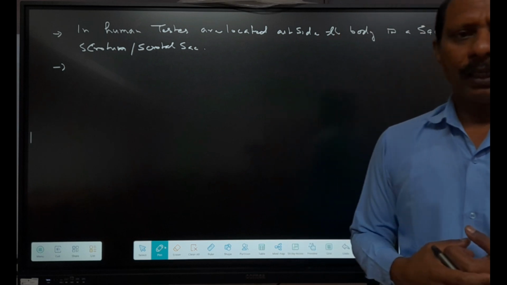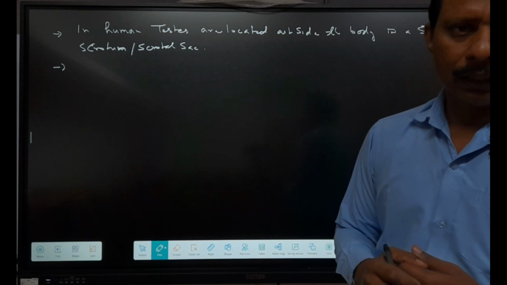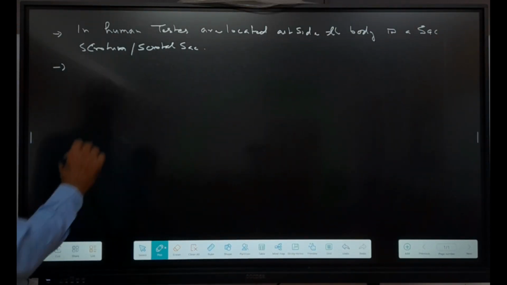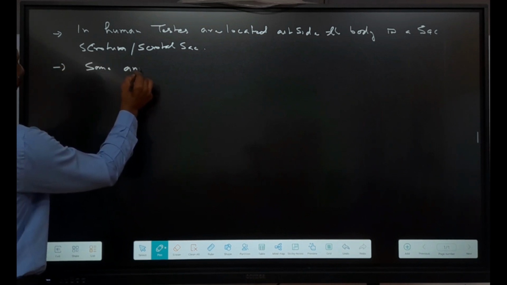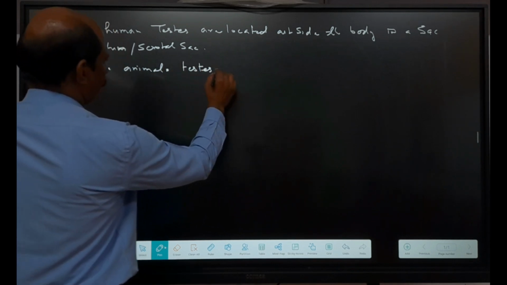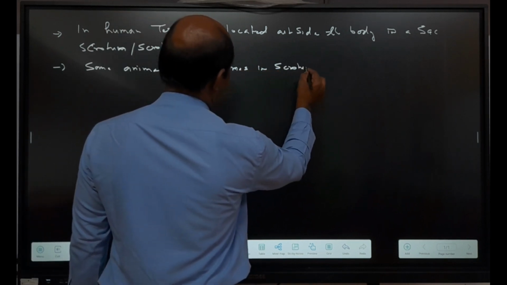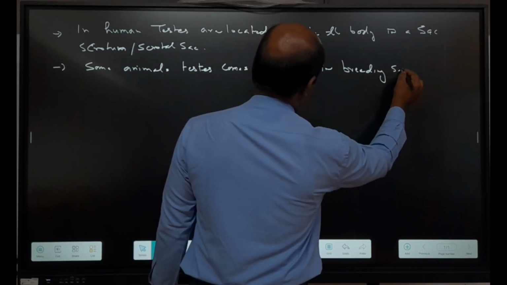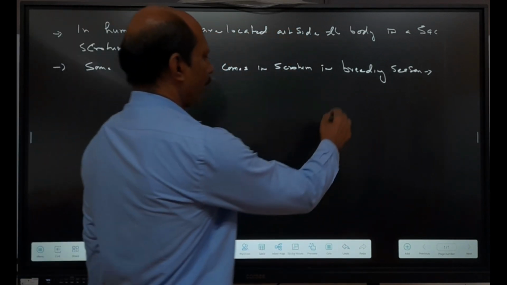Some animals are also there in which the testis comes into the scrotum at the time of breeding, seasonally. In these animals the testis comes into the scrotum in the breeding season only. Which animals? As for example, Rodentia.